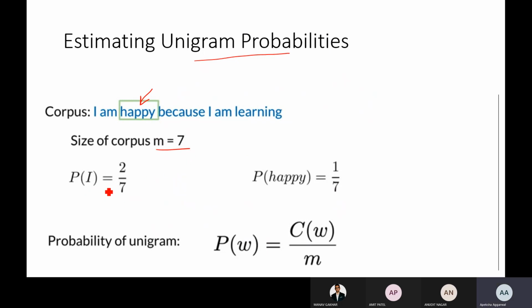What is the probability of occurrence of I? I is appearing two times, first and second, so 2 by 7. What are the chances of occurrence of happy? Happy is appearing one time, so 1 by 7. So the probability of a unigram is the easiest one to calculate: the count of that word appearing in the sentence divided by the total number of words in the sentence.